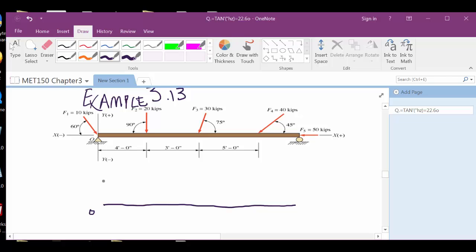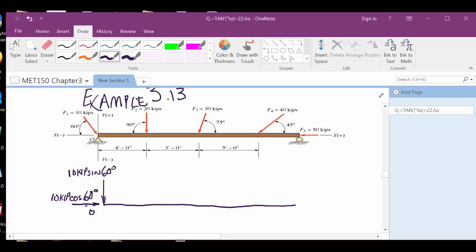So what that turns out to be is you've got 10 kips sine of 60, right? You've also got 10 kips cosine of 60.